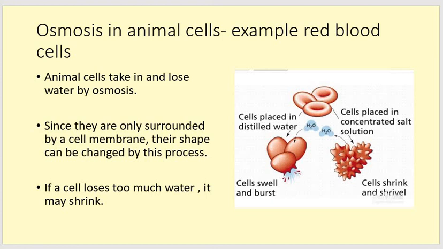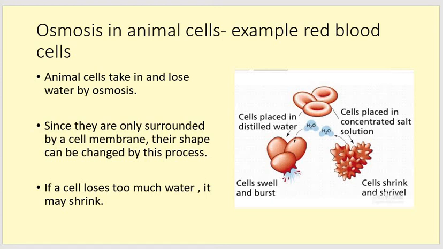Now, if you were to put those cells into different solutions, you will get different results. So if the cell were to lose water, for example by being put in a concentrated salt solution where there's lots of salt, not so much water, water would move from the red blood cell into the solution outside it to try and even things up, and at that point the cells could shrink and they would be described as dehydrated.